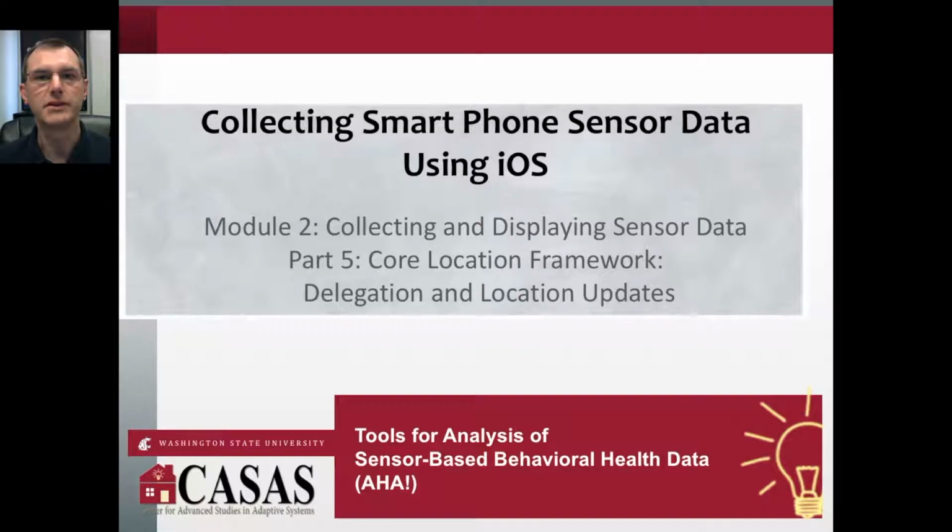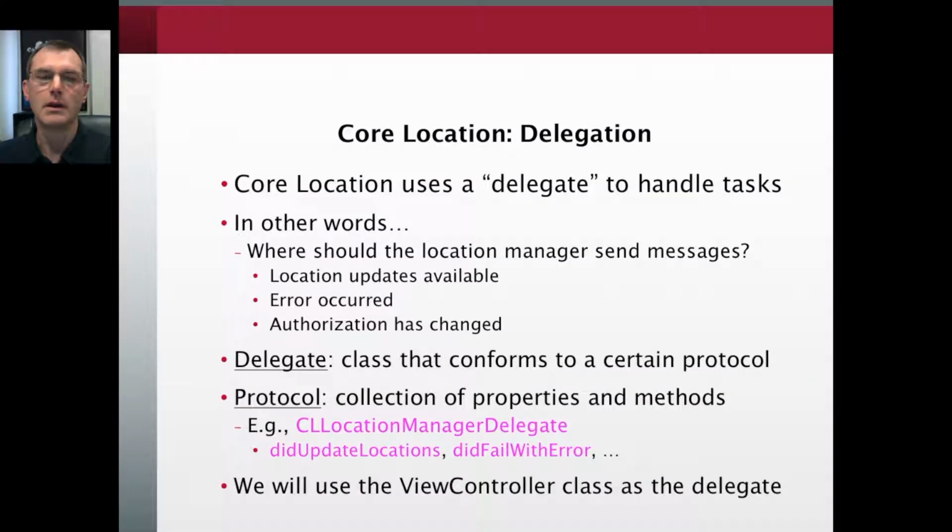Now, to do that, we have to use a new programming paradigm in iOS called delegation. Delegation is simply a way to send messages from one module to another in iOS.